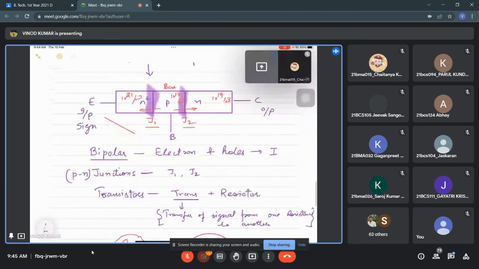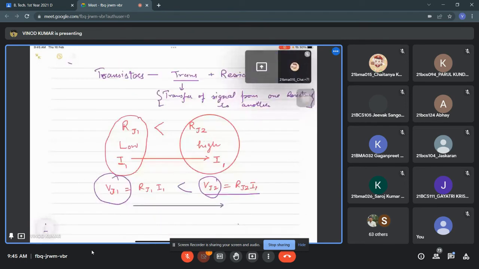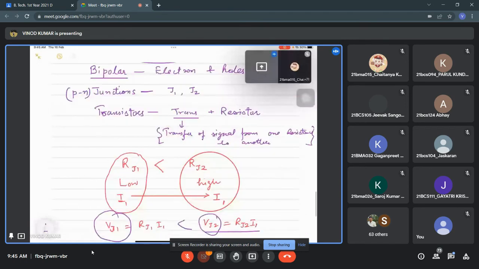If this I current and this I current are both the same, we are transferring the signal here, but it is the resistance which is changing. That is why we say it is transfer of signal from one resistance to another.